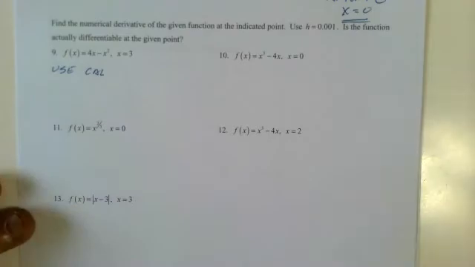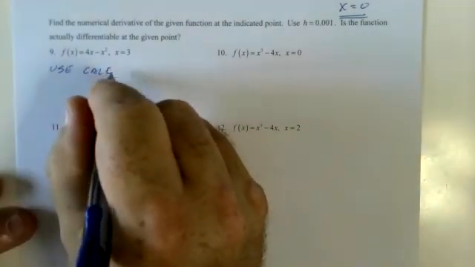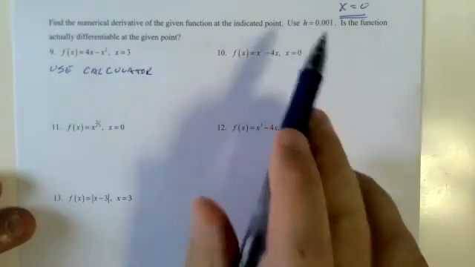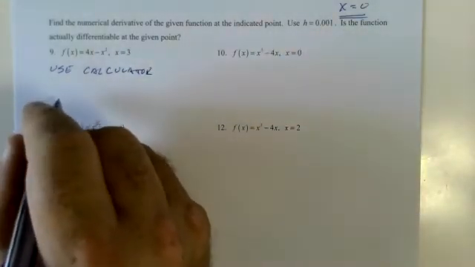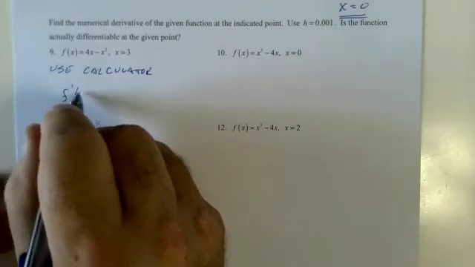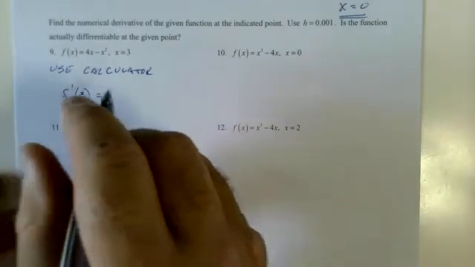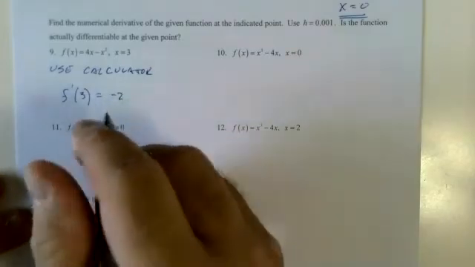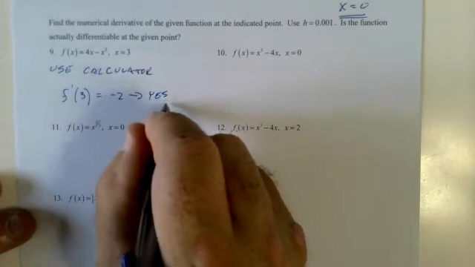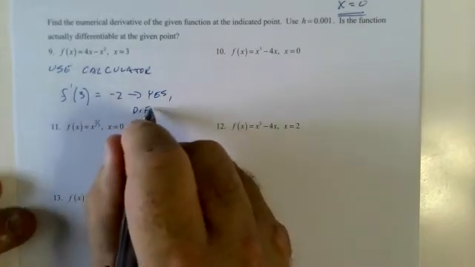You could go function, variable, variable. I'm using the calculator because, as we've discussed, that's what the calculator does. So we will get, according to the calculator, f prime at 3 equals -2. And yes, differentiable.